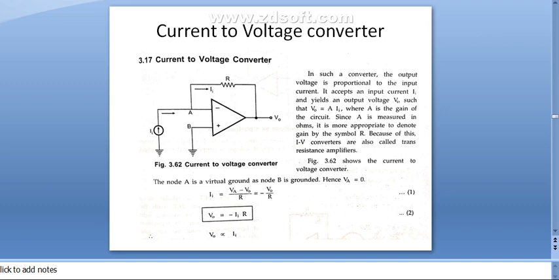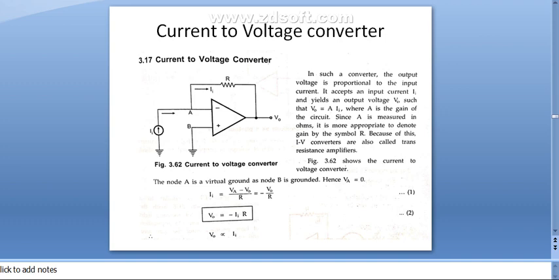We can write II equal to VA minus V0 by R. This current II is flowing through the feedback resistor. Here VA equals 0, so it becomes minus V0 by R. From this, V0 equals minus II into R.